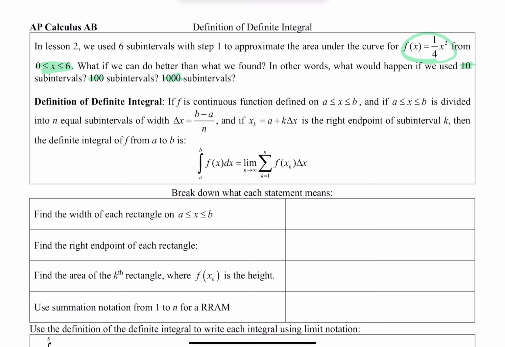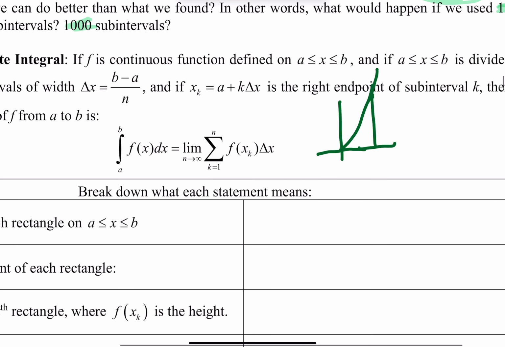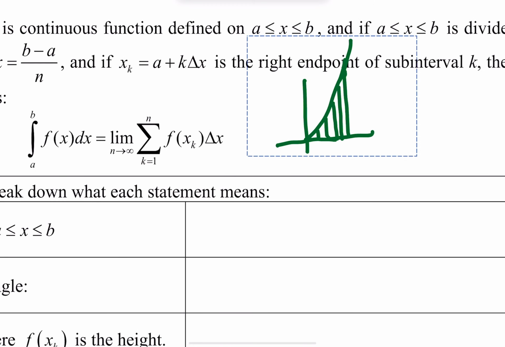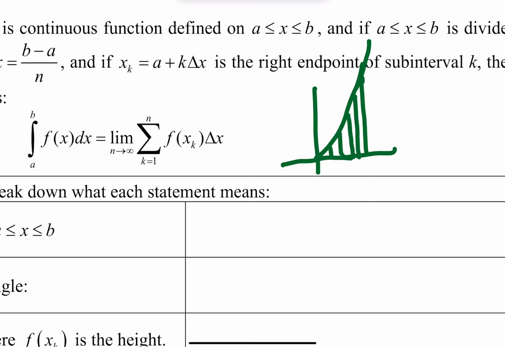So let's pretend that we have our little graph right here of 1/4 x squared, and this is from 0 to 6. So what we did is basically this right here. 1, 2, 3, 4, 5, 6. But what if we used more than that?